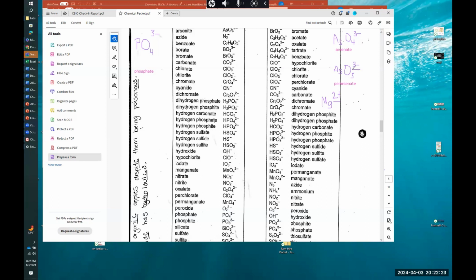No. So we need to make sure that the charges are going to be balanced. So how many magnesiums am I going to need? And how many perarsenates am I going to need? 3 magnesium, not manganese.